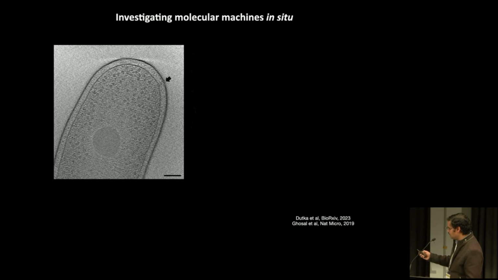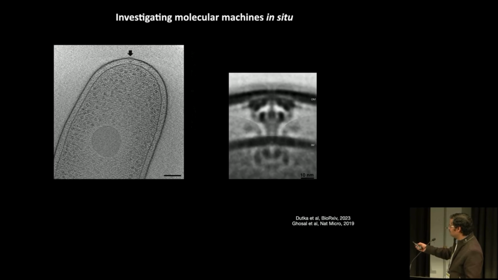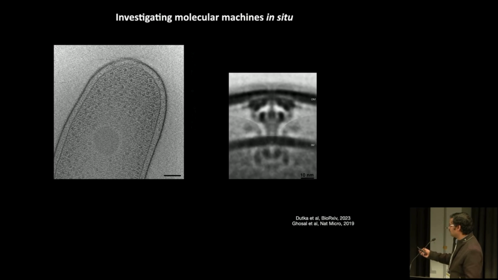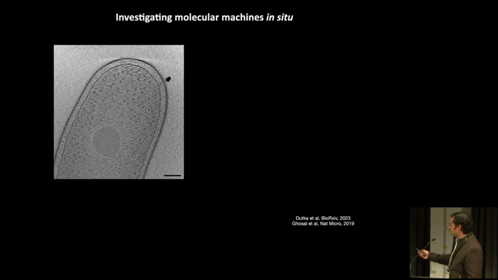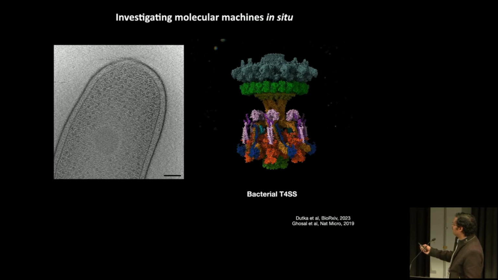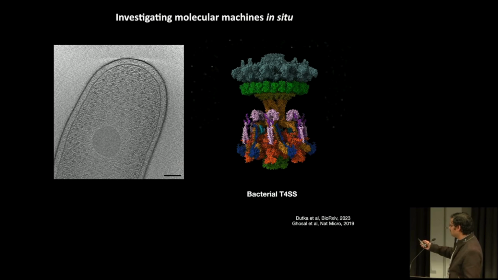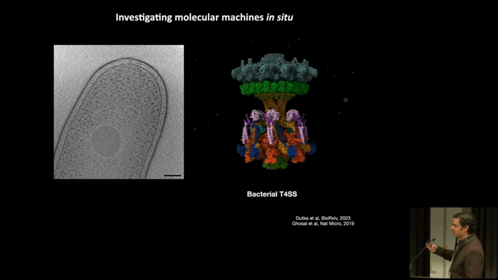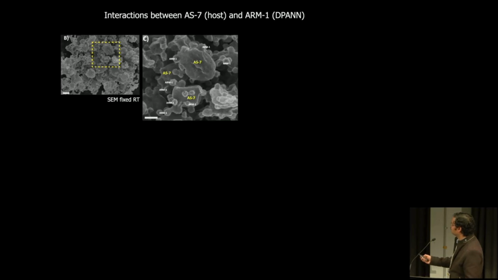In this case, this is a type 4 secretion system, and we can collect many tomograms and average many particles to get structures of these molecular machines, and then use AlphaFold and existing structures of subcomplexes to get even molecular models of these large protein complexes. So in this case, this is a multi-megadalton type 4 secretion system, 4 times the size of a ribosome, and you can get all these structures in situ at really unprecedented resolution.